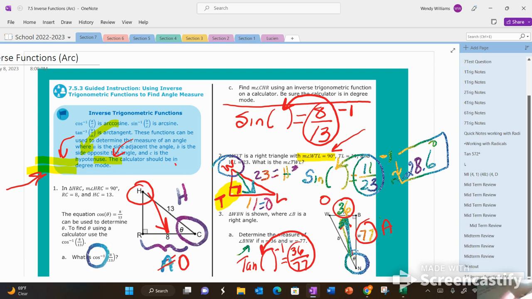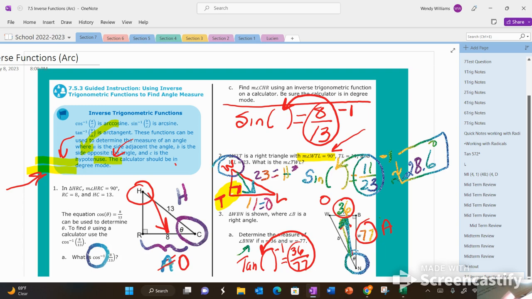Take 36 divided by 77, second tangent, and what do you get? Come on, don't be lazy. Pick up your calculator.